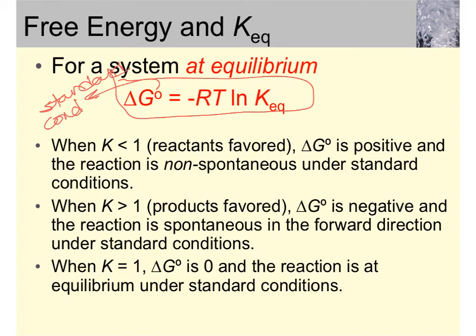And remember what standard conditions are: if you're talking about pressure, it's 1 atmosphere. If you're talking about molarity, it's 1 molar. So pretty constraining conditions. R, of course, is the gas constant. And anytime we're talking in terms of energy, like we are here, we want to use the gas constant that has the energy term in it, which is 8.314 joules per mole Kelvin.